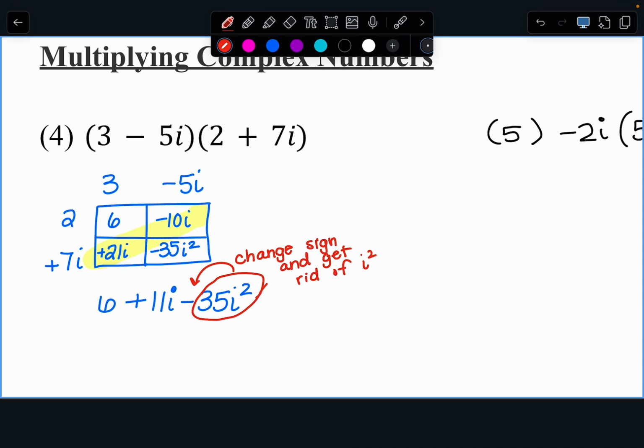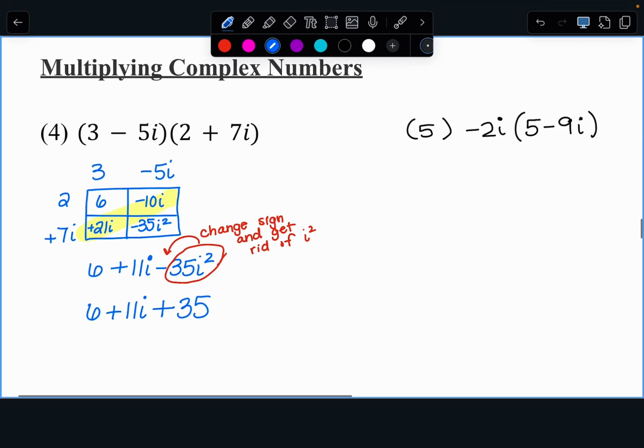So instead of replacing it with a negative 1, I just circle it, and I'm like, okay, I have to change that sign. So now we have 6 plus 11i plus 35, no i squared anymore. Which means I can combine these two like terms. 41 plus 11i is my final answer.